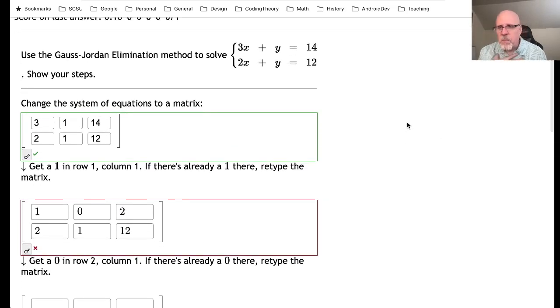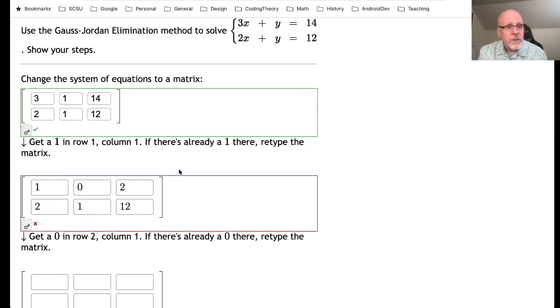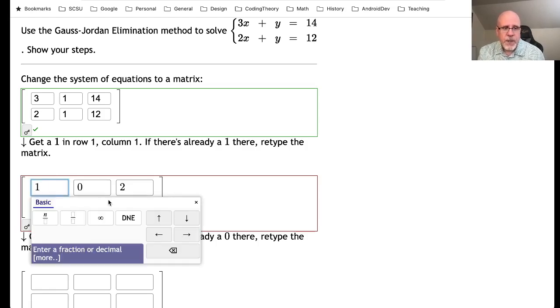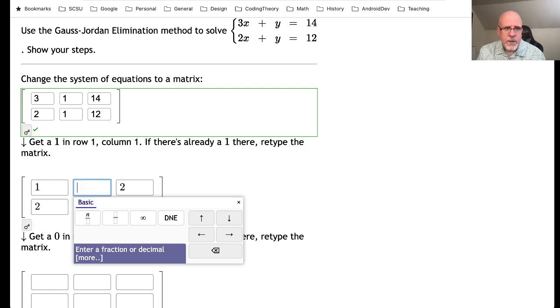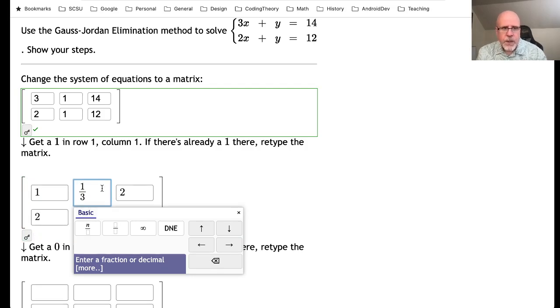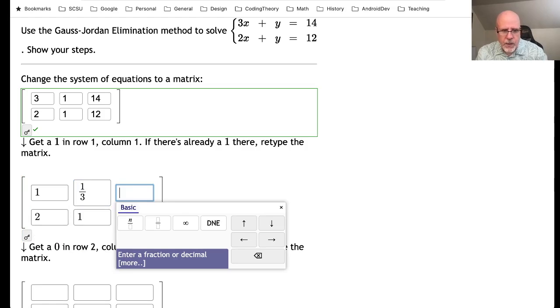Okay, well, in my opinion, that's a flaw in the problem. If they mean for us to get this 1 here by row scaling, then they ought to let us know that. If we were to do it by scaling, that's a 1, this is a 1/3, and this is a 14/3.